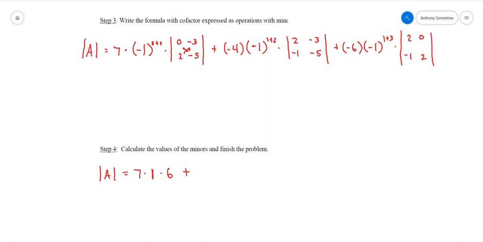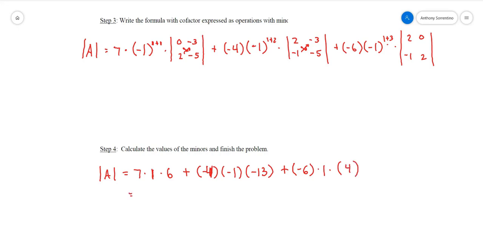Negative 4 times negative 1 to the 1 plus 2, which is 3, so that's going to be times negative 1. 2 times negative 5 is negative 10 minus positive 3, so negative 10 minus 3 is negative 13. Plus negative 6. 1 plus 3 is the 4th power, so negative 1 to the fourth power is going to be a positive 1, times 2 times 2 is 4 minus negative 1 times 0, which is 0, so I'm going to have 4.